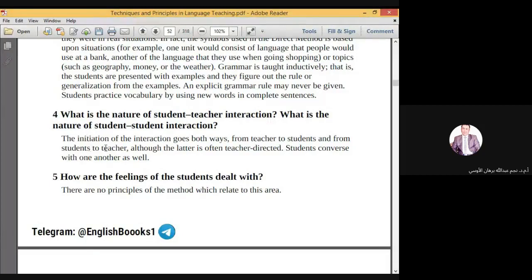So the initiation of the interaction goes both ways, from teacher to student and from students to teacher, although the latter is often teacher directed.